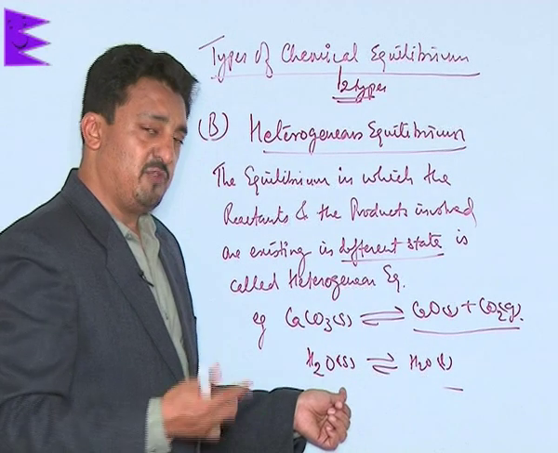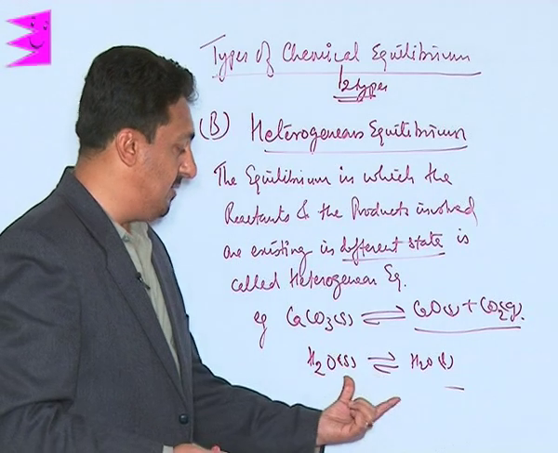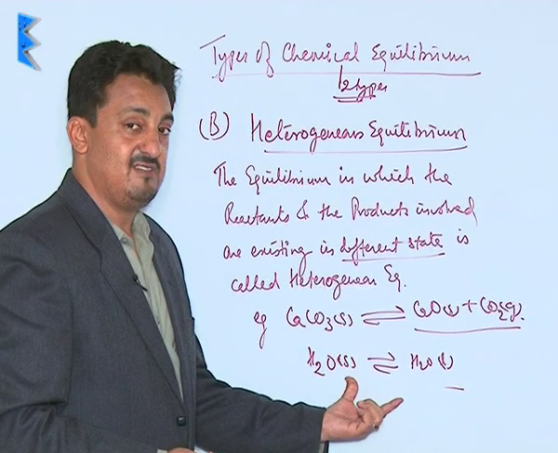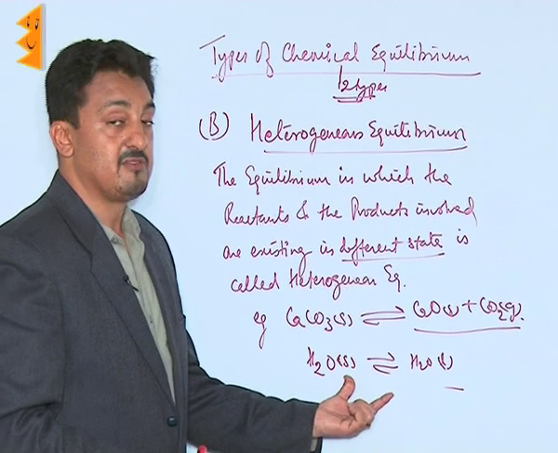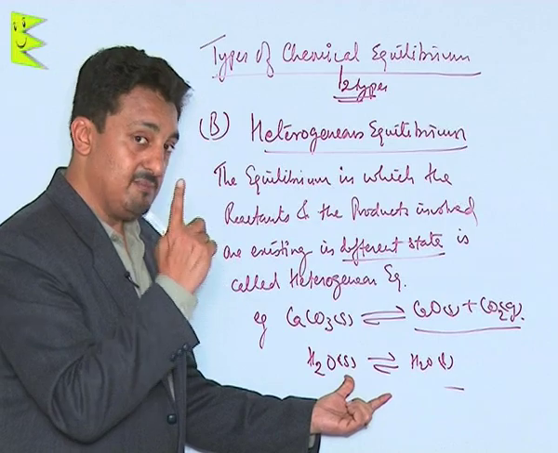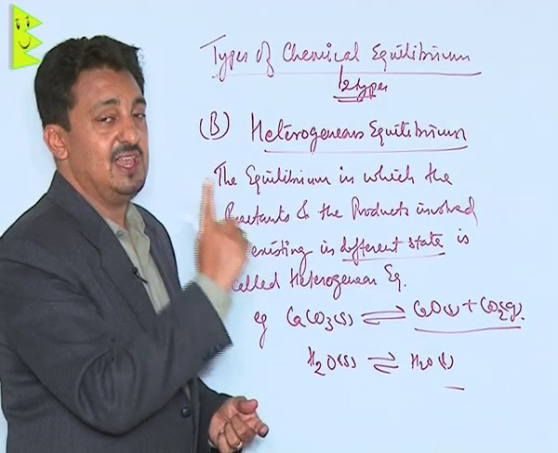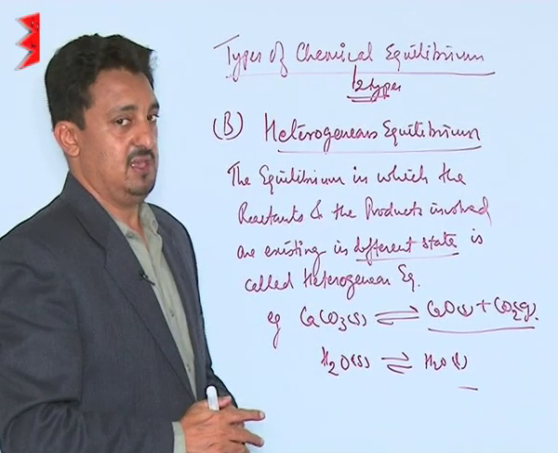Now this is an example of a physical equilibrium. There is no change in the chemical composition, but since the equilibrium involved is involving the substances which are existing in different states, this equilibrium is called heterogeneous equilibrium. So always remember, all physical equilibriums are the examples of heterogeneous equilibrium.